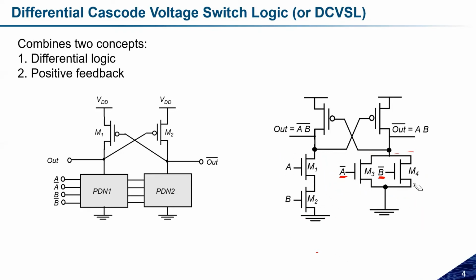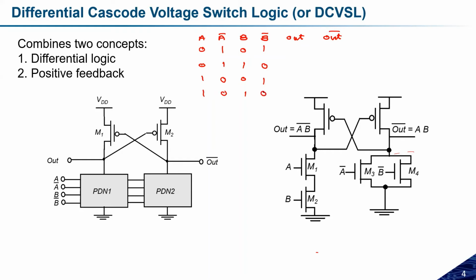Let me make the truth table: A, B, A bar, B bar, out and out bar. The inputs are 0 0, 0 1, 1 0, 1 1, so A bar, B bar will be 1 1, 1 0, 0 1, 0 0.